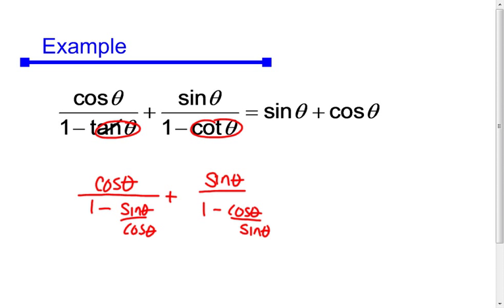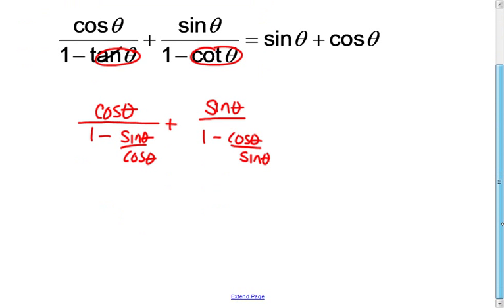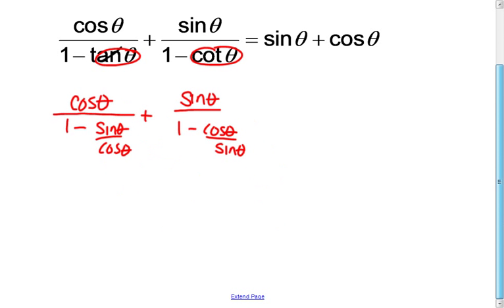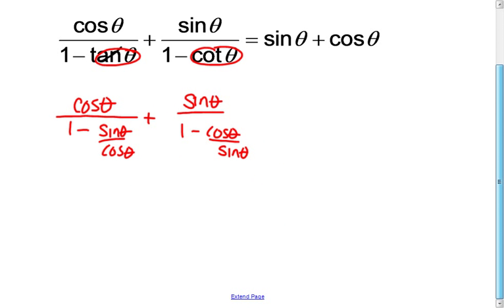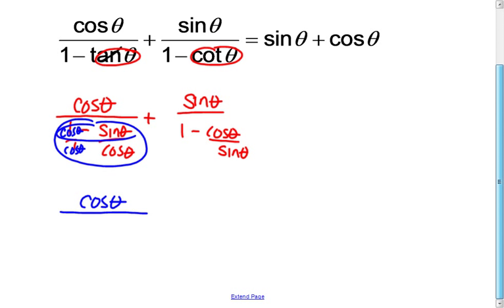Now what I need to do is think about how I am going to get common denominators here. So I'm first of all going to worry about getting this as a common denominator. Right now this is 1 over 1, and so I'm going to replace this with cosine over cosine. So what I have here is cosine over, and then right here I have cosine minus sine over my common denominator, which is cosine.